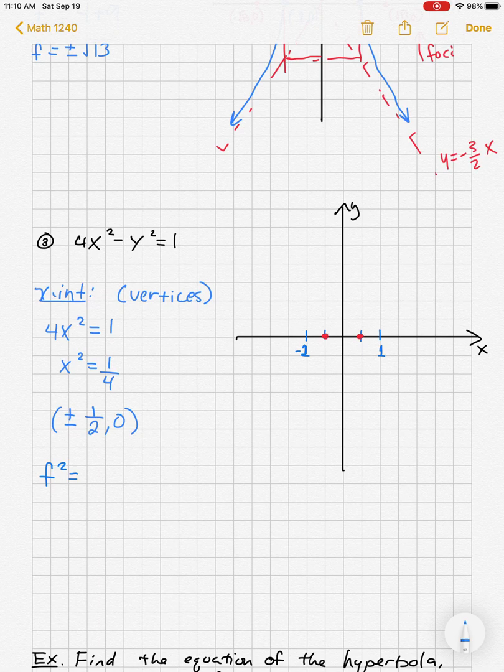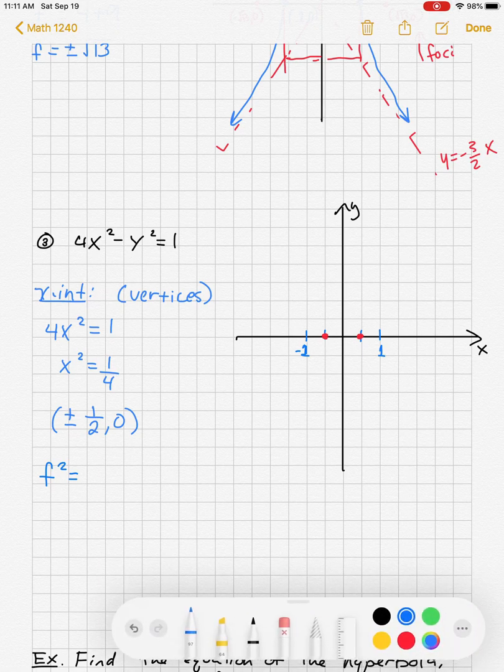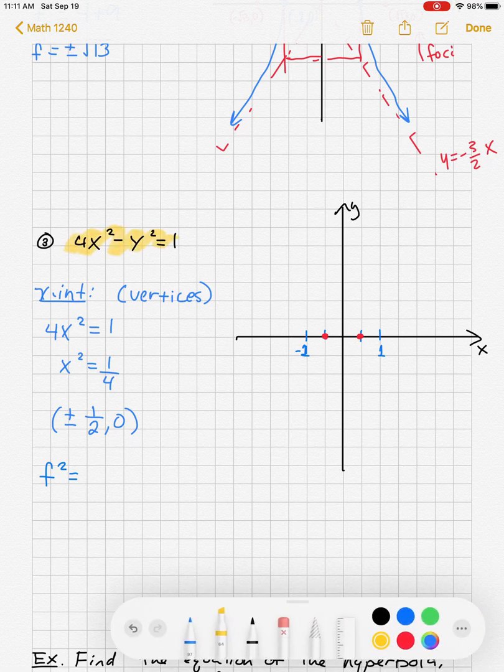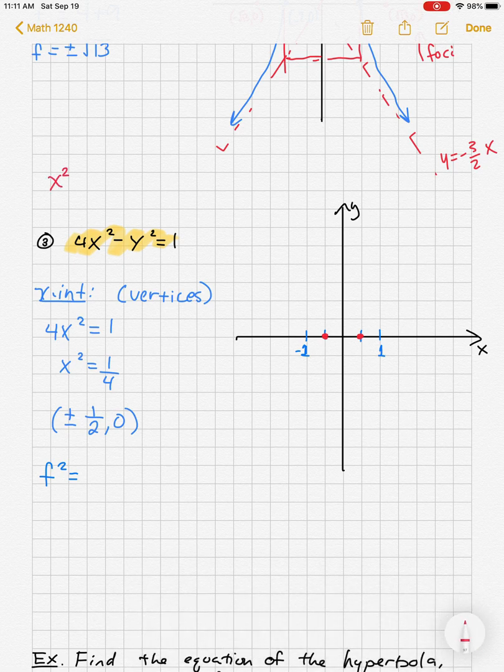So f squared is, so how do I do this? Be careful. This equation is actually not written in standard form because I have to put that 4 in the bottom. Isn't multiplying by 4 the same as dividing by a 4th? Because I would flip and multiply.